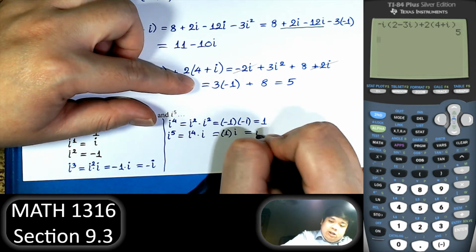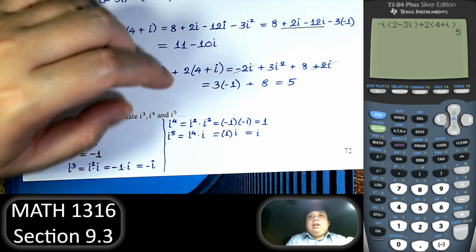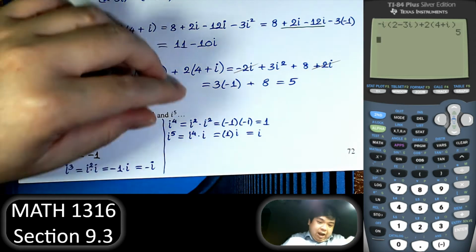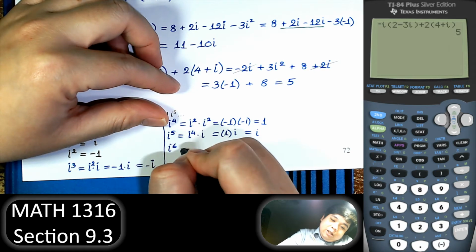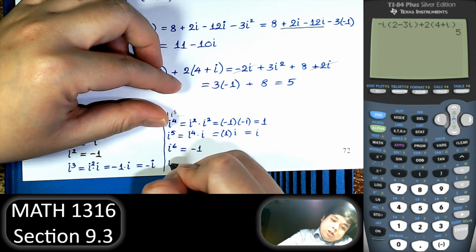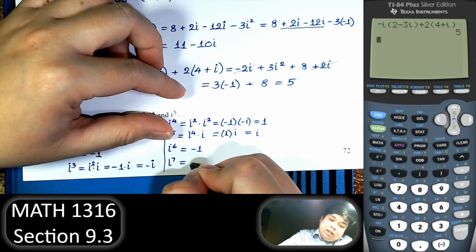So this is i. If we keep going, you will see this pattern that i to the 6th is negative 1, and i to the 7th is negative i.